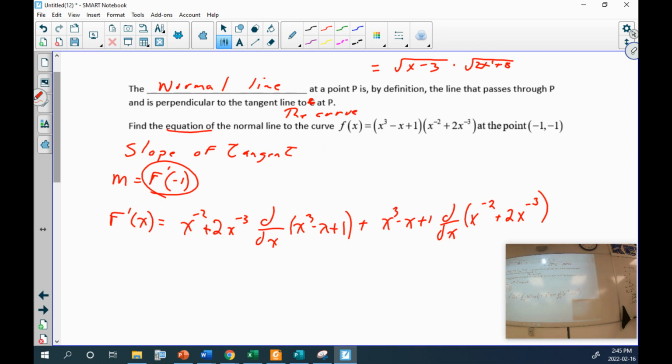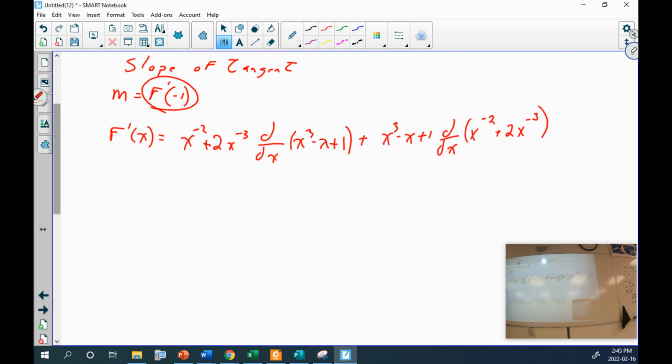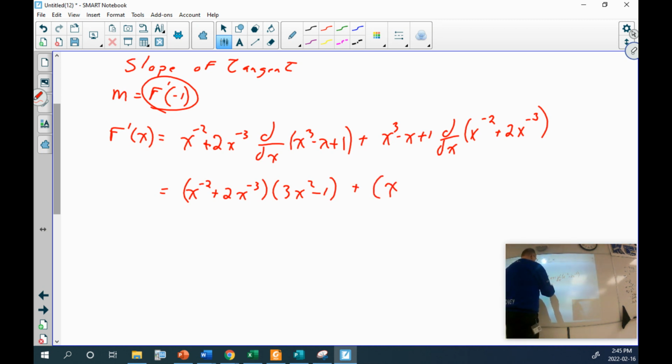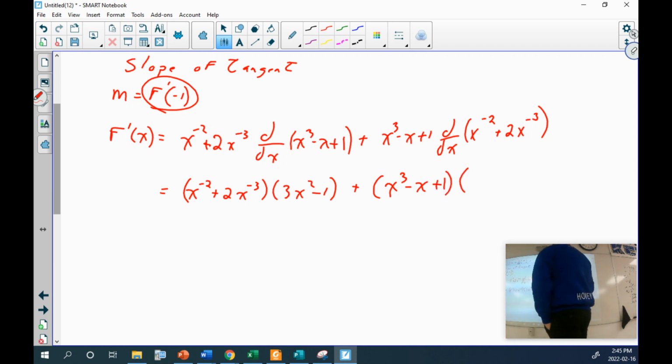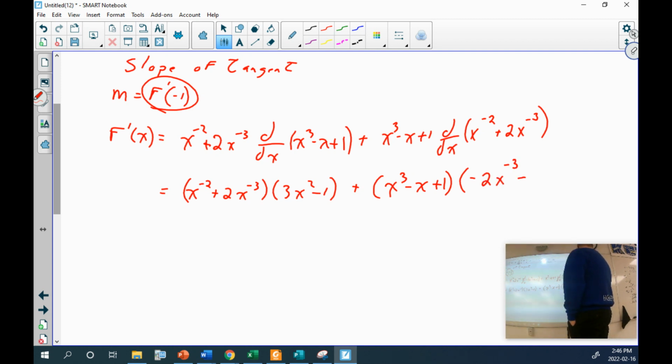That's, again, me writing out what I need to do to figure this out. The derivative of that is 3x squared minus 1. And you have 2x to the -3 minus 6x to the -4.